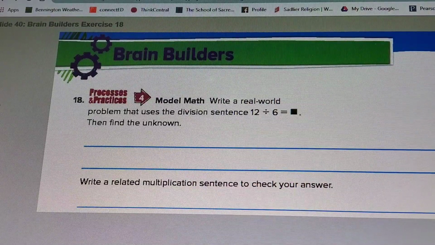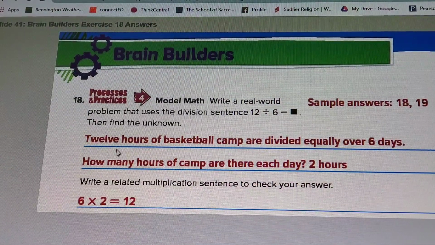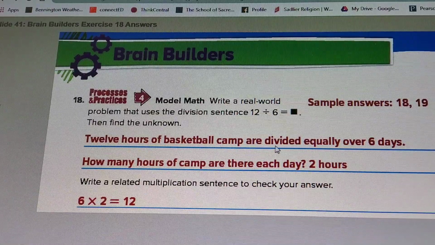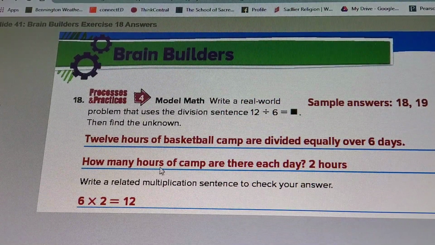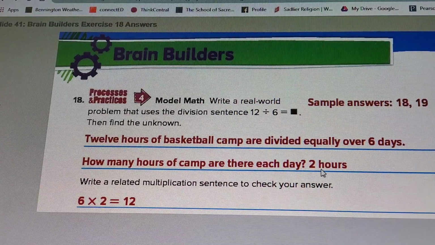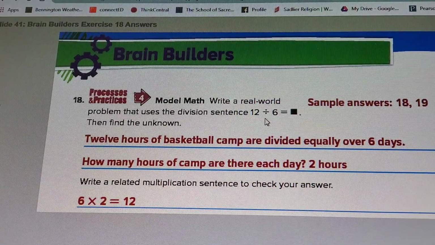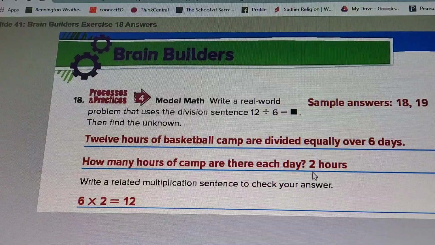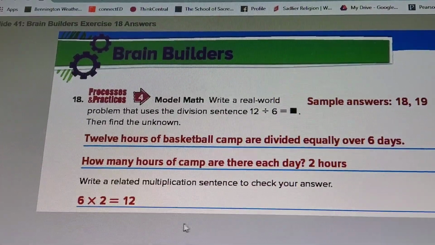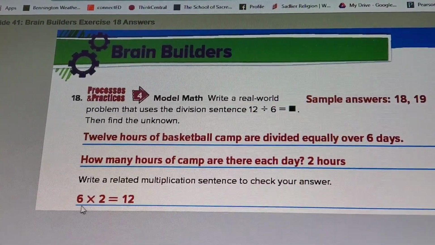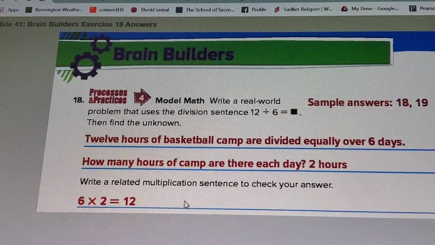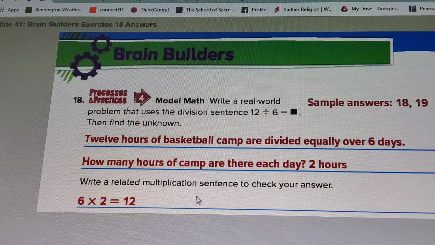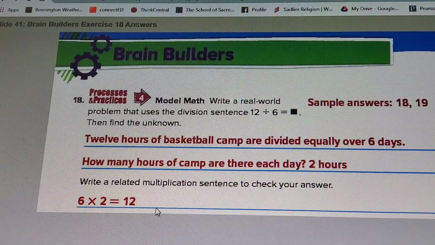We're going to use theirs. 12 hours of basketball camp are divided equally over 6 days. How many hours of camp are there each day? 12 divided by 6 would be 2 hours a day. The multiplication sentence would be 6 times 2 equals 12. Or you could actually use 2 times 6 equals 12.